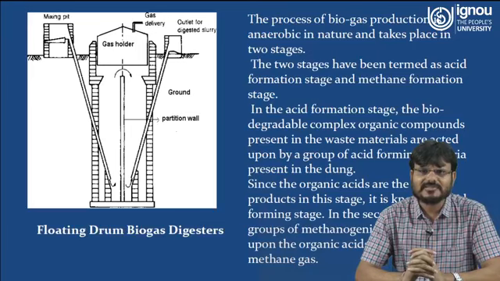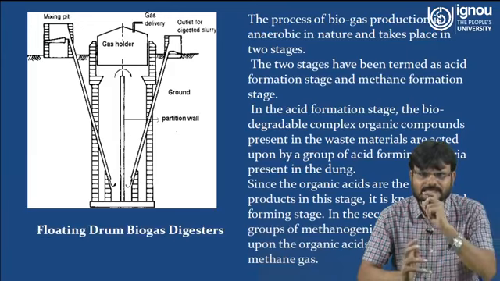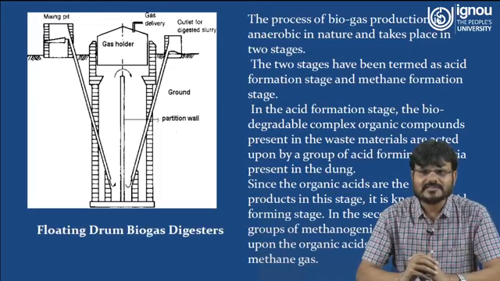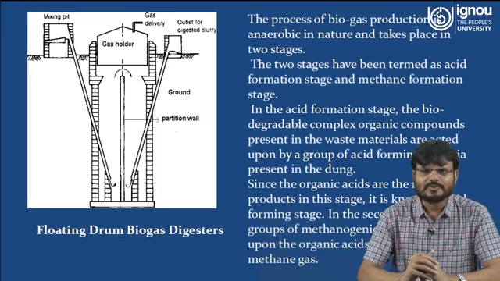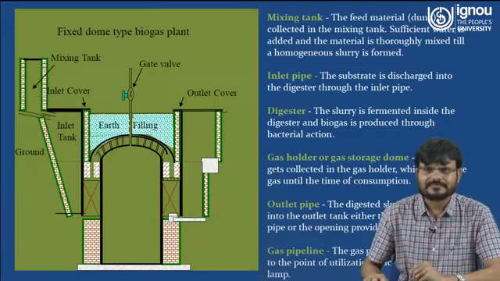In the acid formation stage, the biodegradable complex organic compounds present in the waste material are acted upon by a group of acid forming bacteria present in the dung. Since the organic acids are the main product in this stage, it is known as the acid forming stage. In the second stage, a group of methanogenic bacteria act upon the organic acids to produce methane gas.